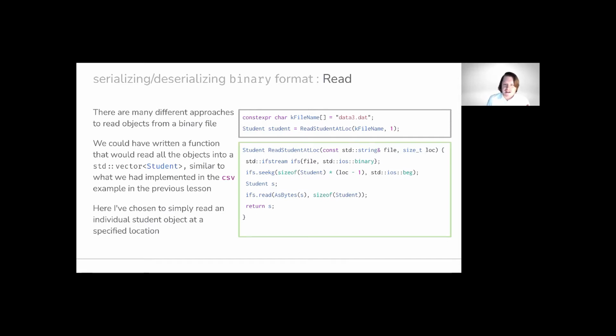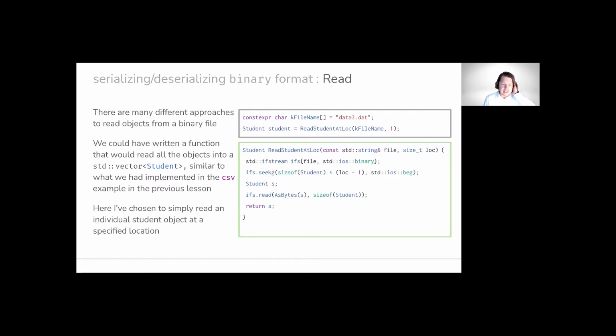Here, I wanted to show the power of seeking and go, because each of our student objects is fixed width, written in binary. Technically we could move the pointer that points to the get location in the file to the record we're interested in, and then read it into a student object. And that's exactly what this read student at location function is going to do for us.